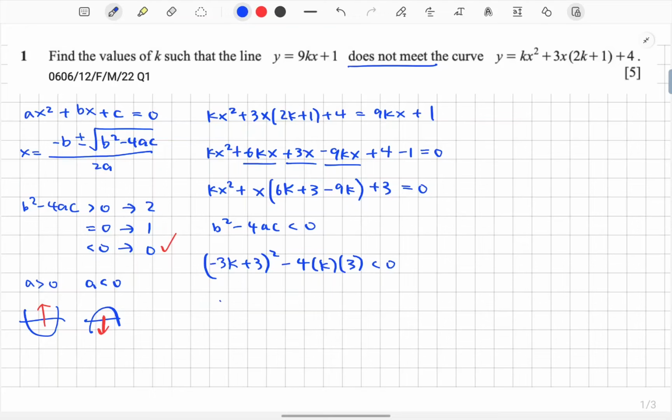Now we'll use the binomial expansion identity: a plus b squared is a squared plus 2ab plus b squared. Our a squared will be 9k squared, 2ab will be minus 18k, then b squared will be plus 9. Then the rest of the equation will be minus 12k.